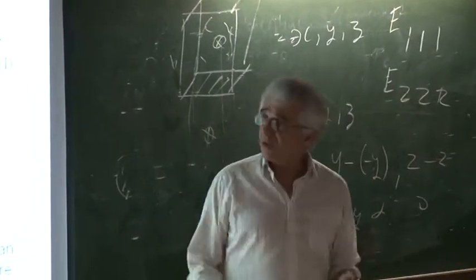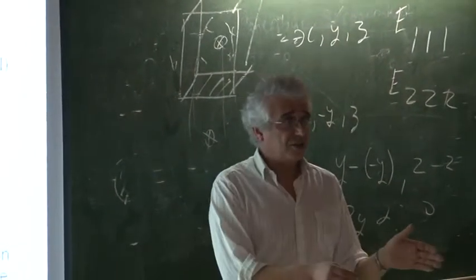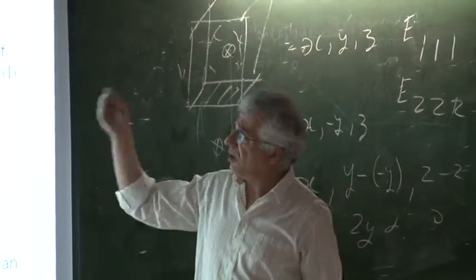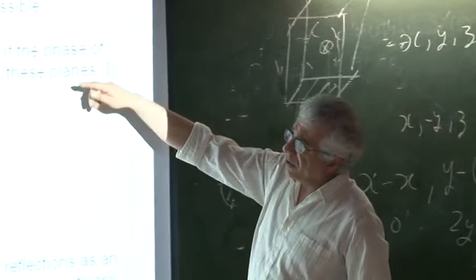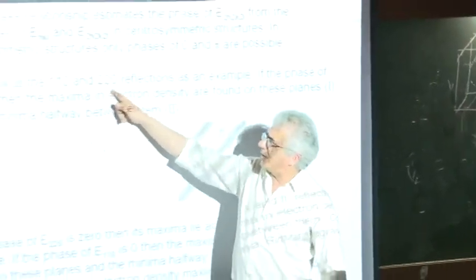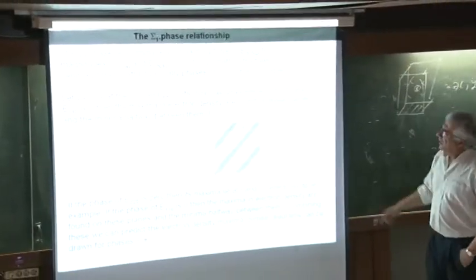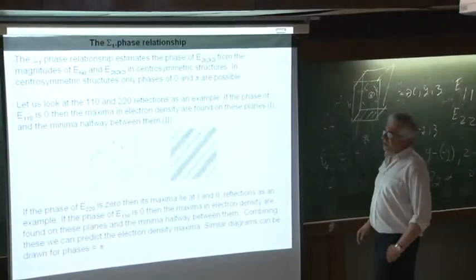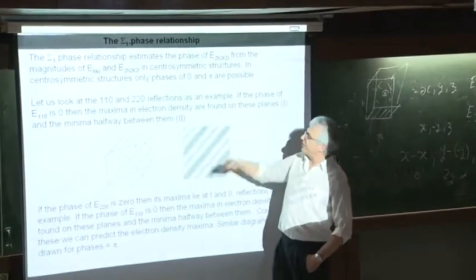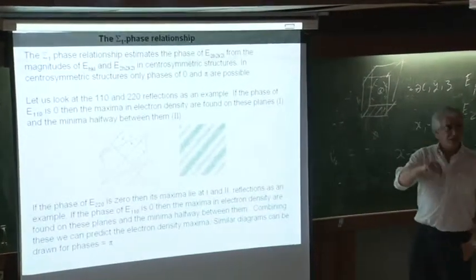So you'll only get two possible phases: 0 or pi. So looking at these two reflections, 110 and 220, if the phase of E110 is 0, then the maximum in electron density is found on those planes.